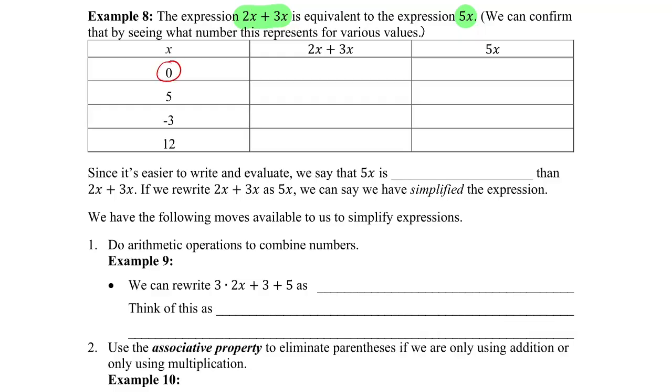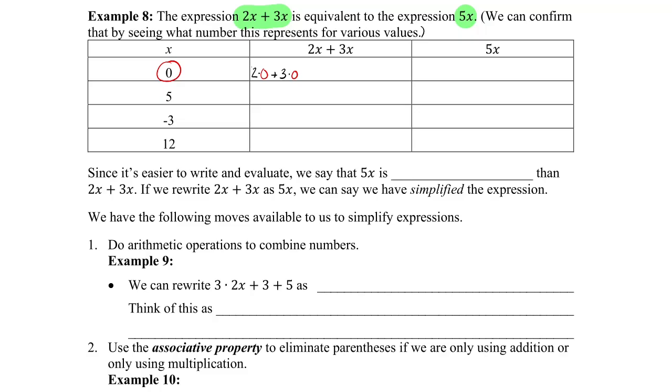If x represents 0, our expression becomes 2 times 0 plus 3 times 0. And now we need to think about order of operations. We remember that multiplication always has to happen before addition.